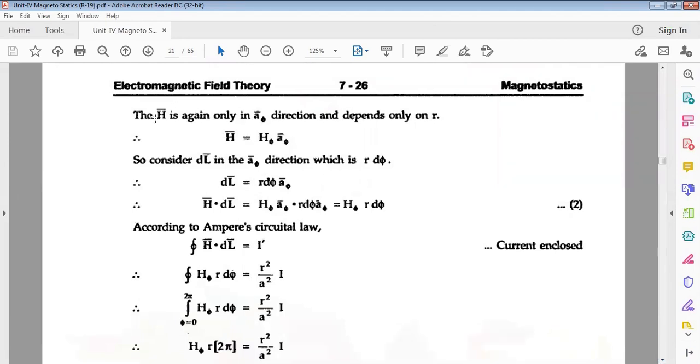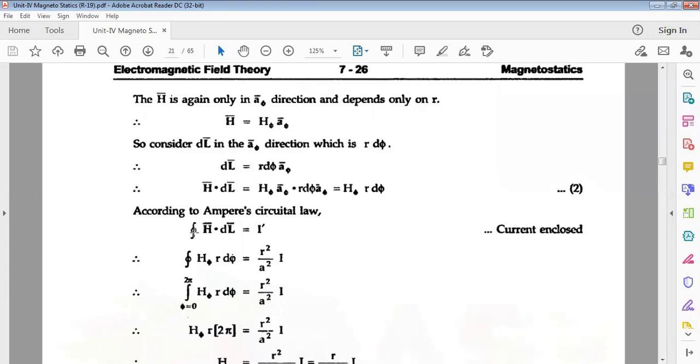Now, H bar is equal to H phi into a phi bar, and dl bar is r into d phi. According to Ampere's circuital law, H bar dot dl bar is equal to the enclosed current, which is I dash.